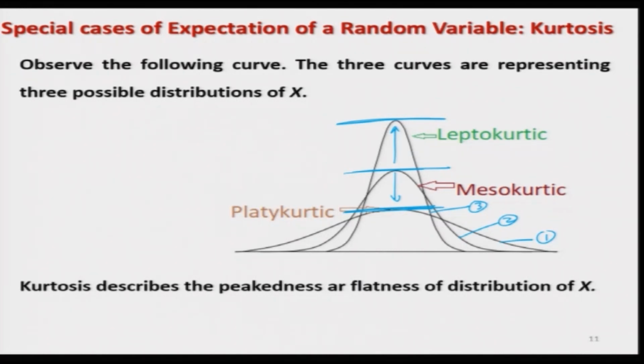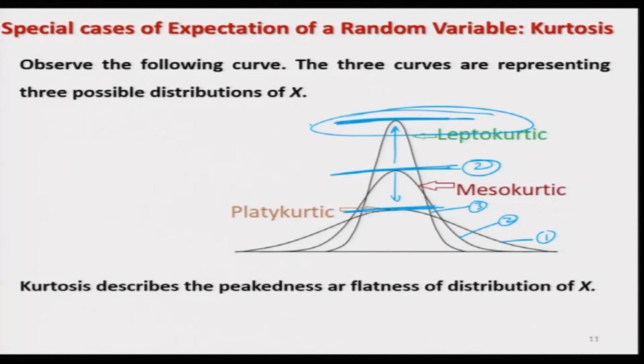So, if the hump of the curve is just like curve number 2 here, then the curve is called mesokurtic. And if a curve has a higher hump than the mesokurtic curve's hump, then the curve is called leptokurtic.